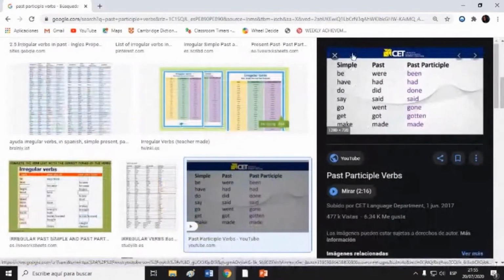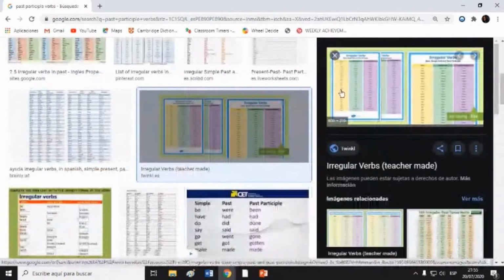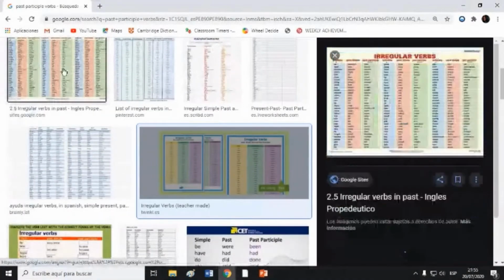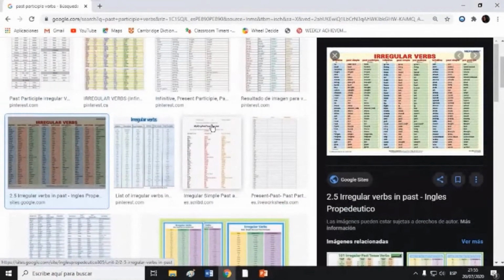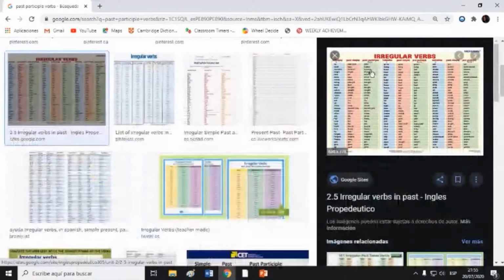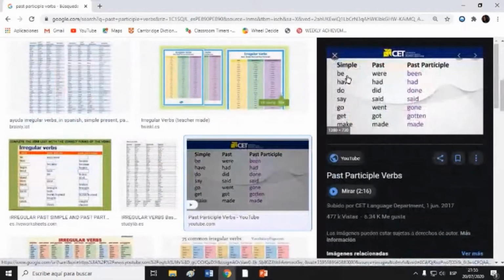You have the simple present, the past participle here. For example, the present, the simple past, the past participle. And here, for example, the simple present, the simple past, the past participle. Yeah? So this part, the third column, is the past participle of the verb. For example, you have be in the present, in the past was or were, the past participle been.